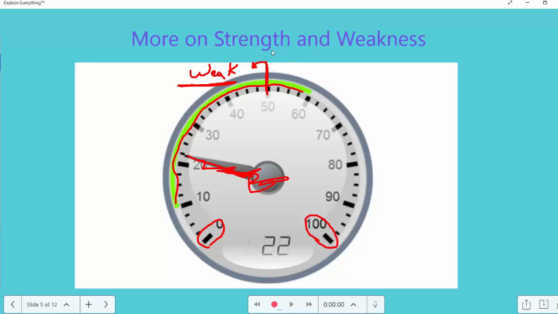And if it's greater than this 50%, however tiny it is greater, as long as it's greater than this 50% mark, then that's a strong argument.